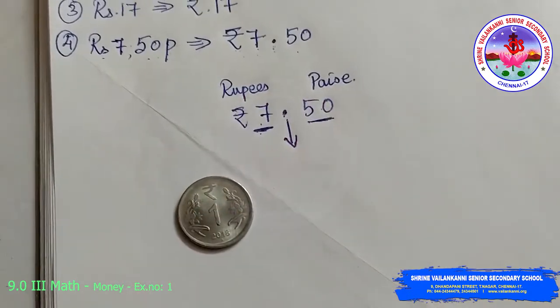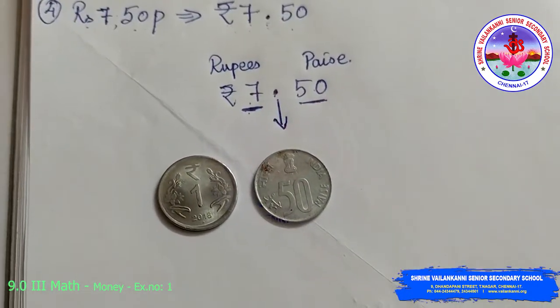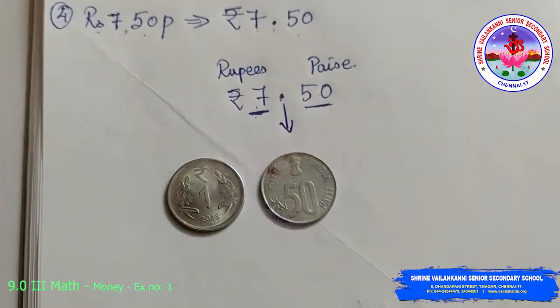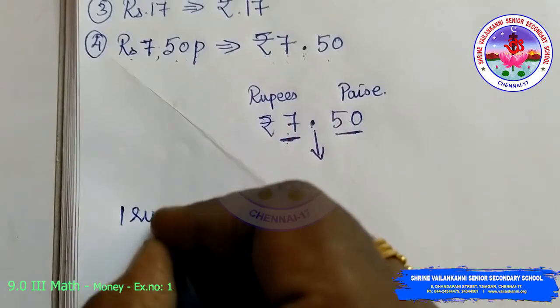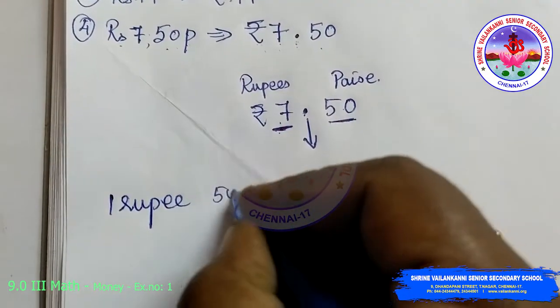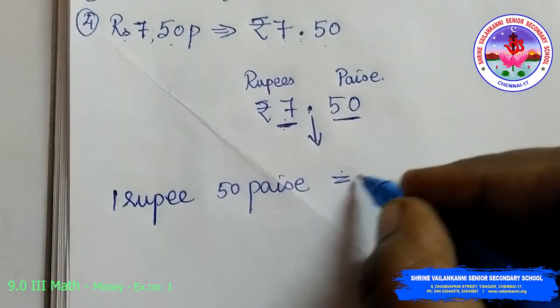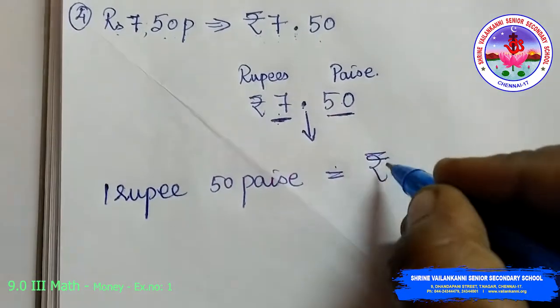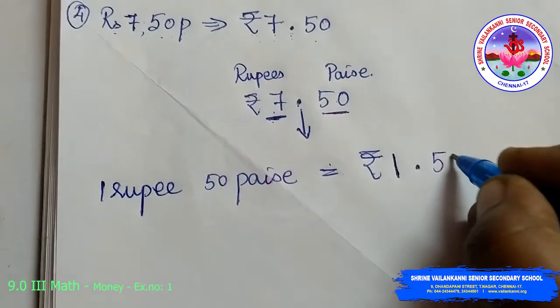This is a 1 rupee coin and this is 50 paise. So altogether it is 1 rupee 50 paise. So we'll write it as 1 rupee 50 paise. Now this can be written as rupee symbol 1, dot, 50 paise.